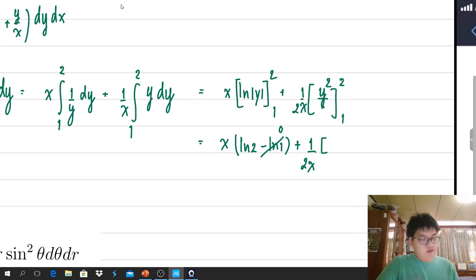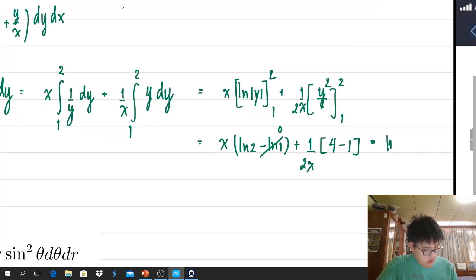and this one will take y equal to 2, which is 4 minus 1. Here we will get 2x ln 2x. We will write it here so it doesn't confuse you: ln 2 plus this whole thing, you'll get 3 over 2x.